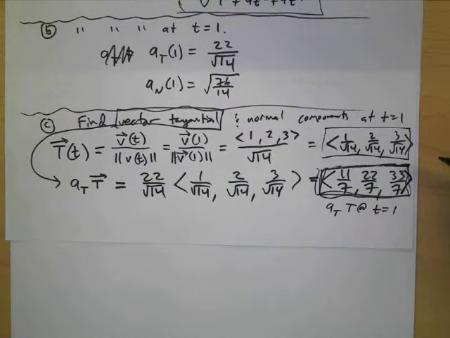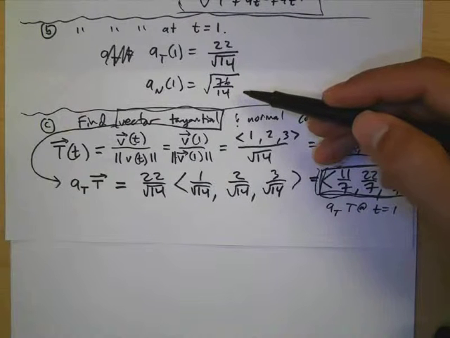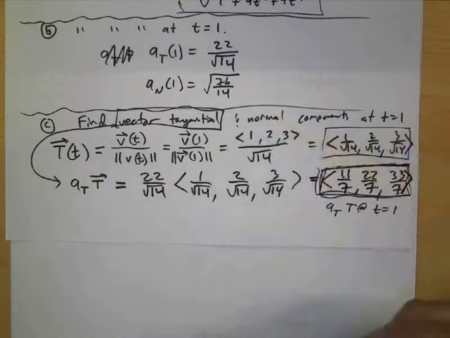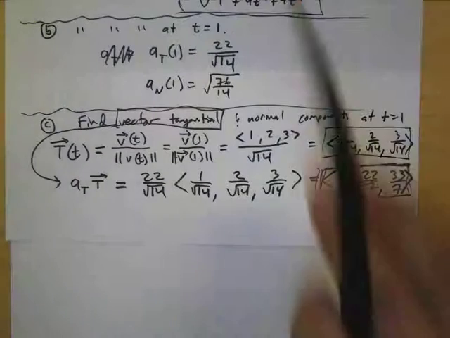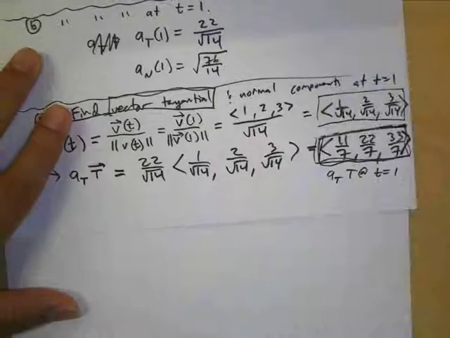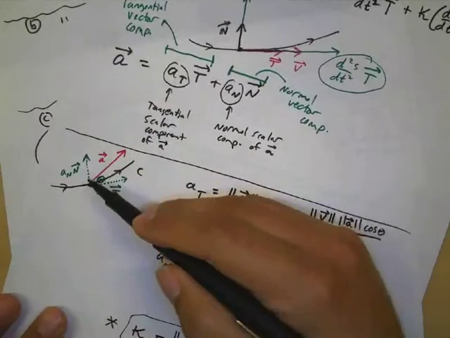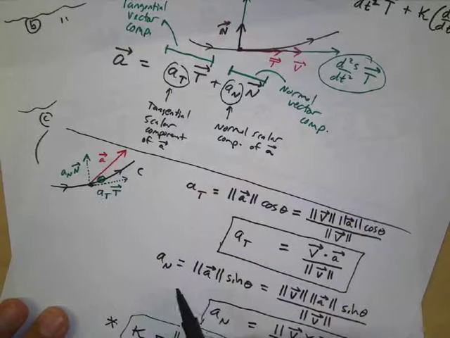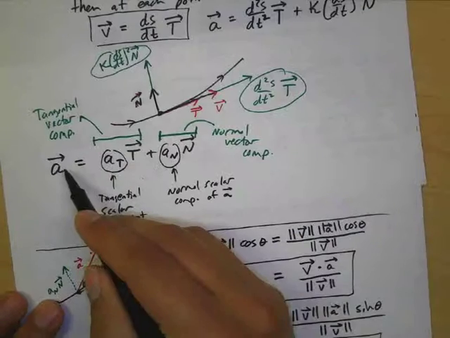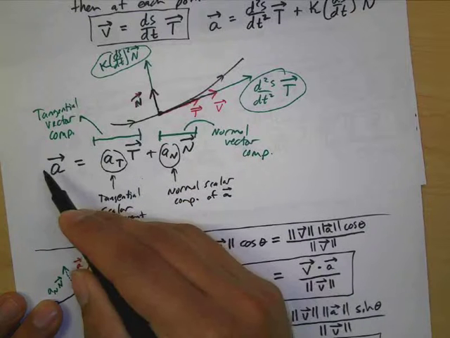Okay. Now, there's a hard way to find the other component that we need, and there's an easy way. The hard way would be to go ahead and find the unit normal vector, and then take the unit normal vector times the coefficient that we have here. I don't want to do that. If we go back to this, the whole point of this decomposition was that we can add these two vectors together to get acceleration, right?